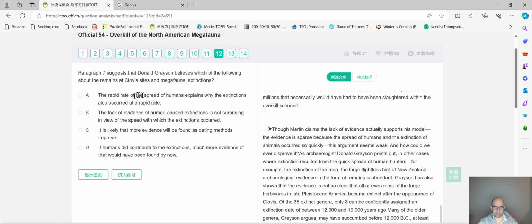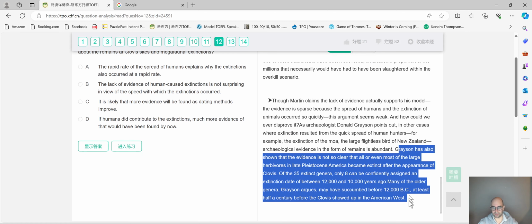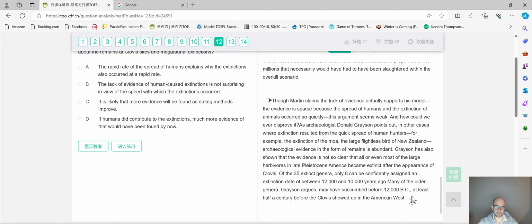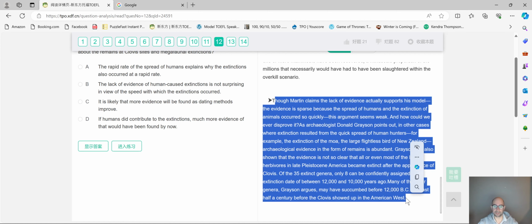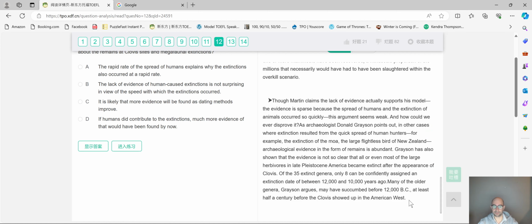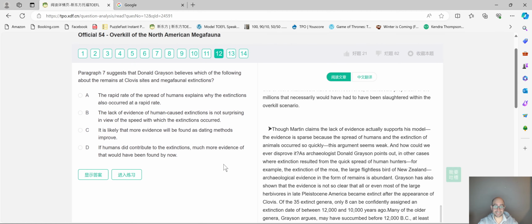And now look at the answer options here. If you feel like you need to read more to really know what's going on, feel free. But there's a common misconception that you have to read the entire paragraph to answer an inference question. That's not necessarily true. It's not always the case.